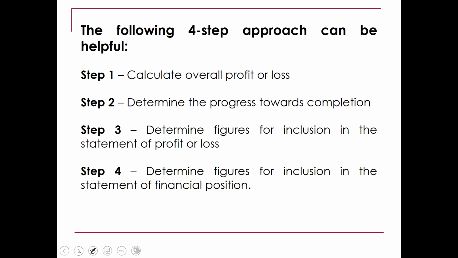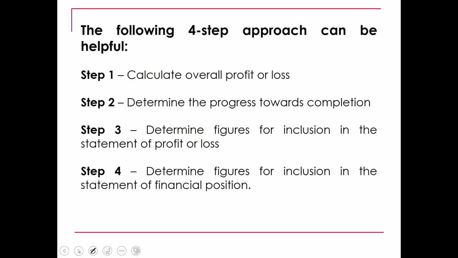The second step is we are going to determine the progress towards completion. If we are anticipating total revenue of 100,000 from this contract or project, we want to determine how much of the 100,000 we need to recognize as revenue at the end of the current year. It depends on whether we're using the input method or the output method.